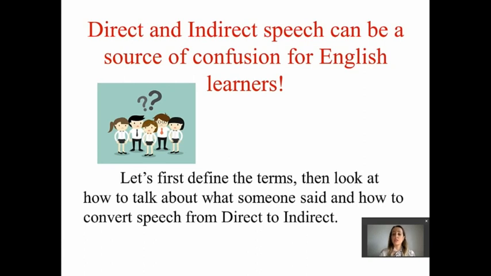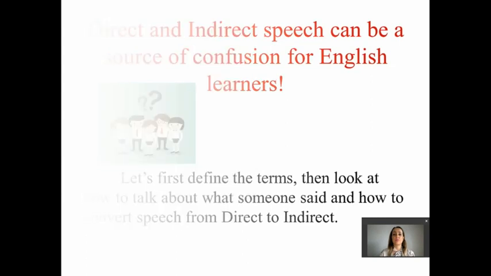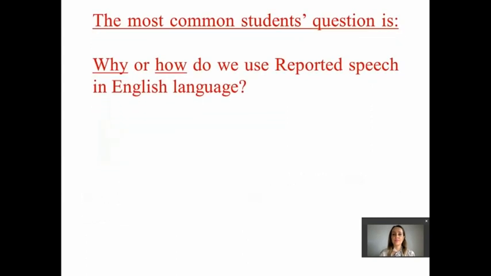Let's first define the terms, then look at how to talk about what someone said and how to convert speech from direct to indirect. The most common students' question is why or how do we use reported speech in the English language?